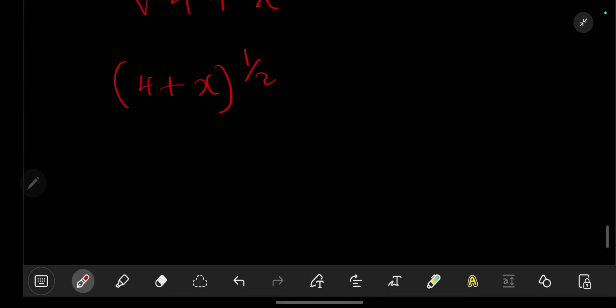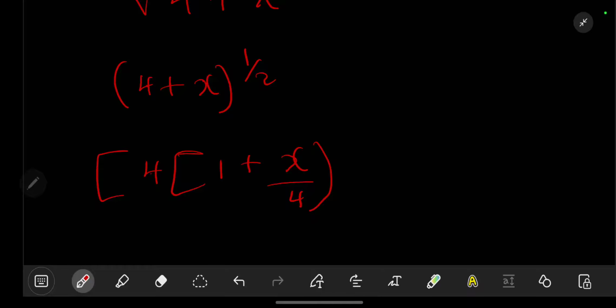Then with that said, you are going to have something like this. Factorize 4. This will give us a 4. 4 divided by 4, that's 1, plus, then this 4 will divide x to have this.